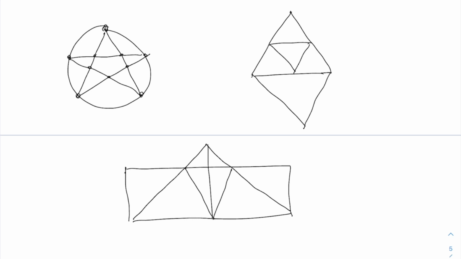It can pass through this, right? Yes, it's going to have to. All right.